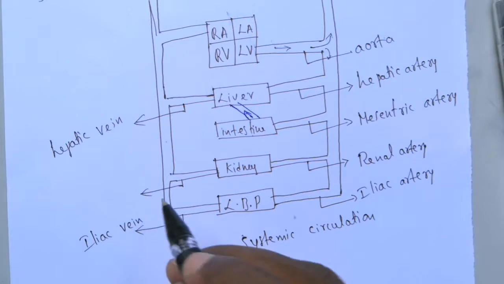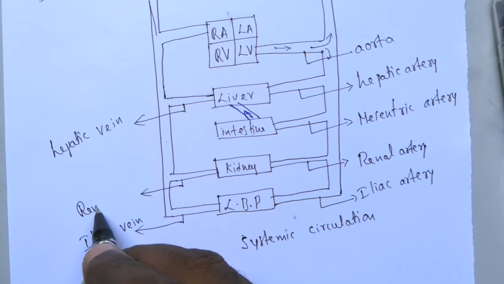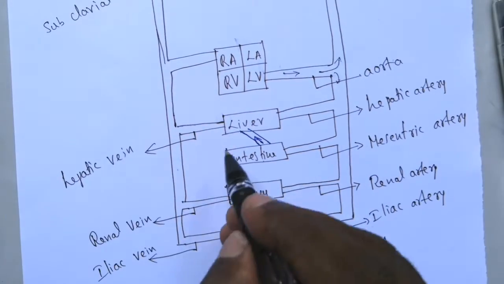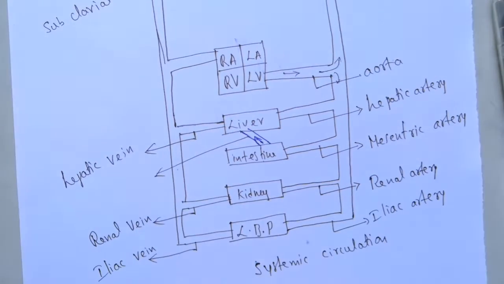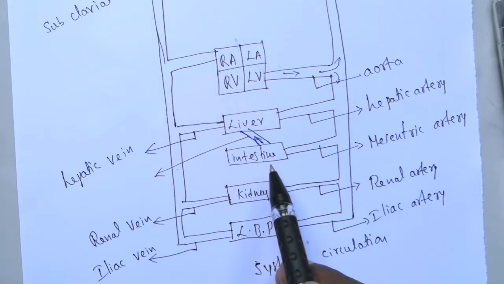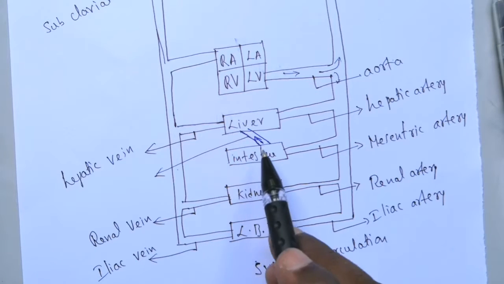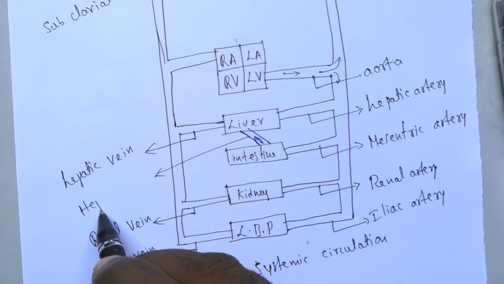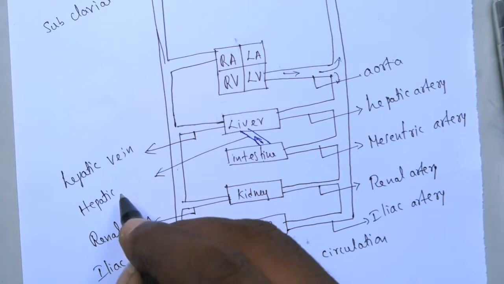This is renal vein. This is the blood vessel which takes the blood to the liver to maintain right balance of nutrients, the hepatic portal vein.